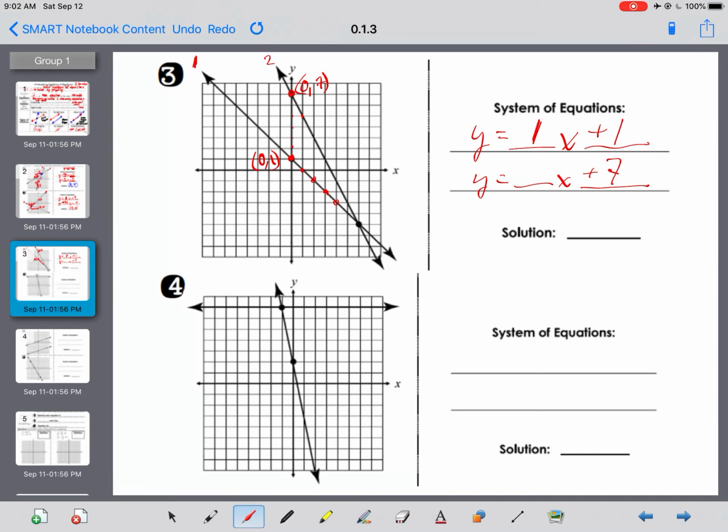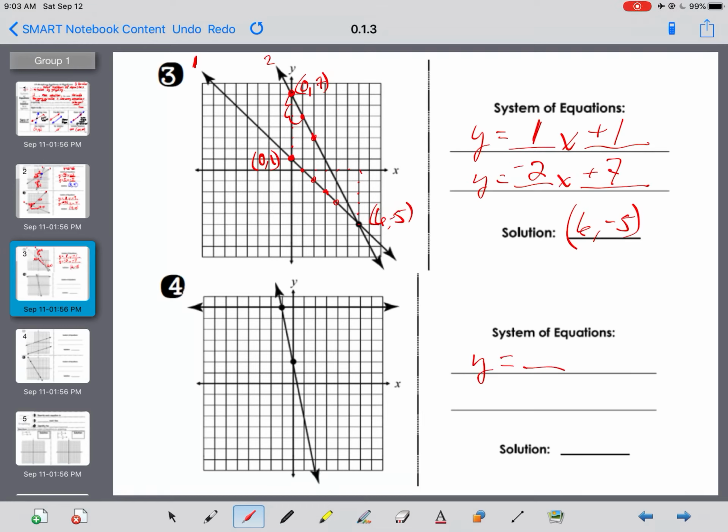And my slope looks down 2 over -2, because down 2 over 1. Where do they touch? Well, let's see. 1, 2, 3, 4, 5, 6. 6, comma, 2, 3, 4, 5, -5. Down 5 is -5. So 6, comma, -5. That's where they hit.